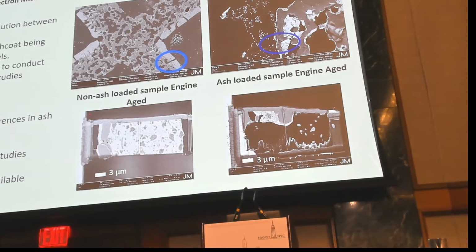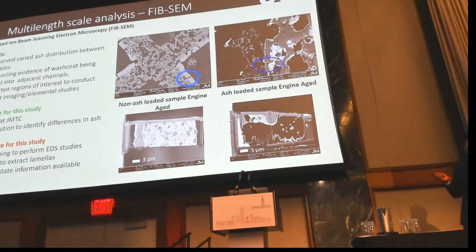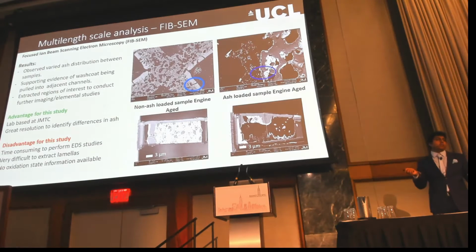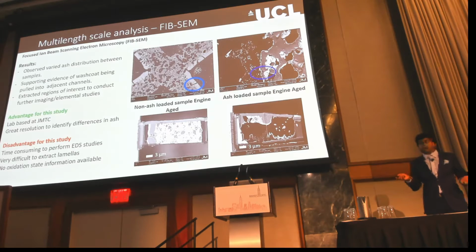So here are some regions of interest. Again, with SEM we can use EDS, but this is relatively time consuming and doesn't tell us any information about the oxidation state of the elements present, which you can do using the nanoprobe beamline, which I'll be showing you later.